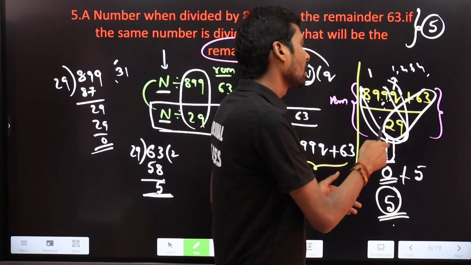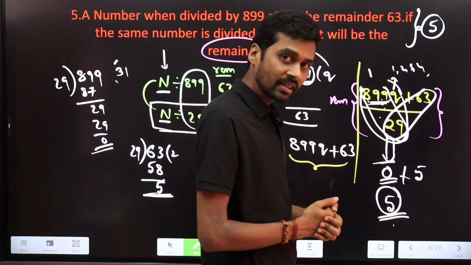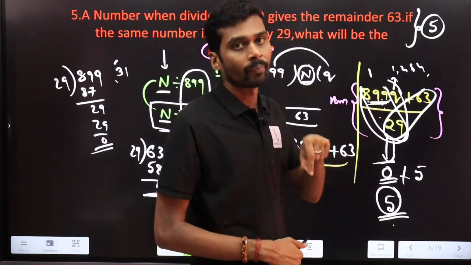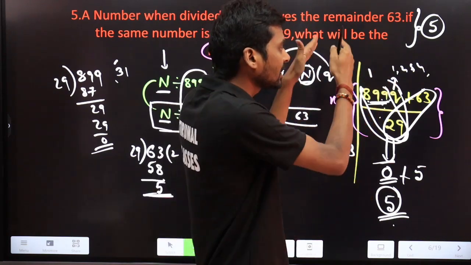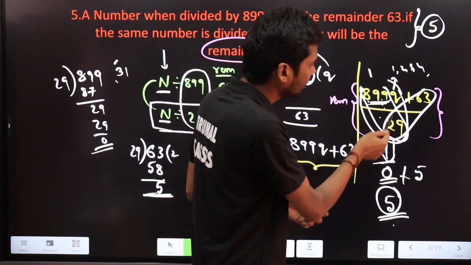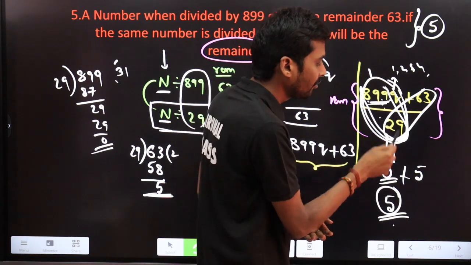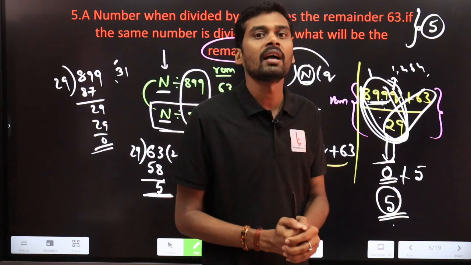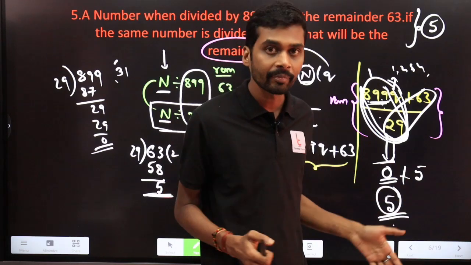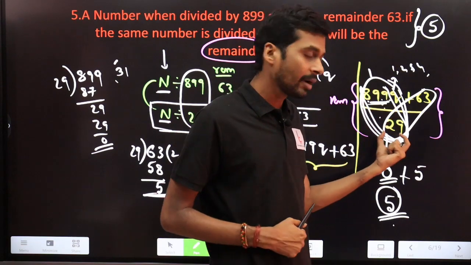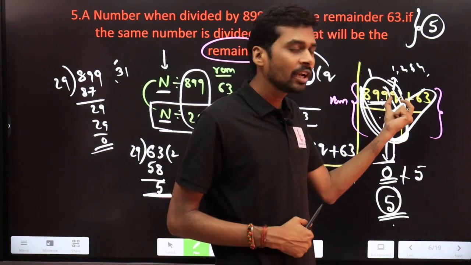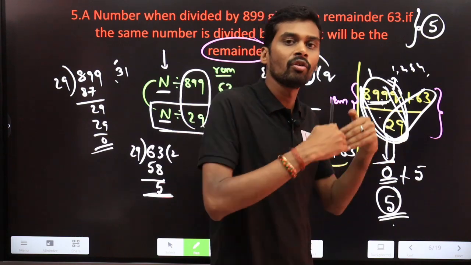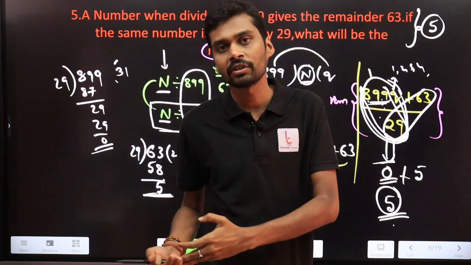So if I don't get the remainder 0, it completely depends on the q value, which I don't know. So in such problems, this number must leave remainder 0, then only we will get the answer. Otherwise the answer can't be determined, because if I don't get the remainder 0, it absolutely depends on the quotient value. If the q value changes, the remainder also changes.